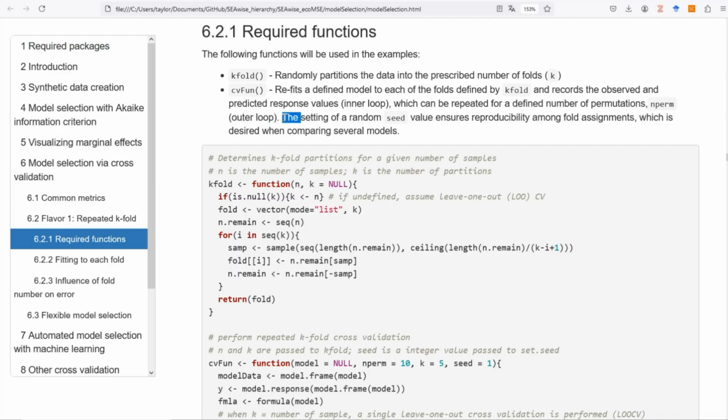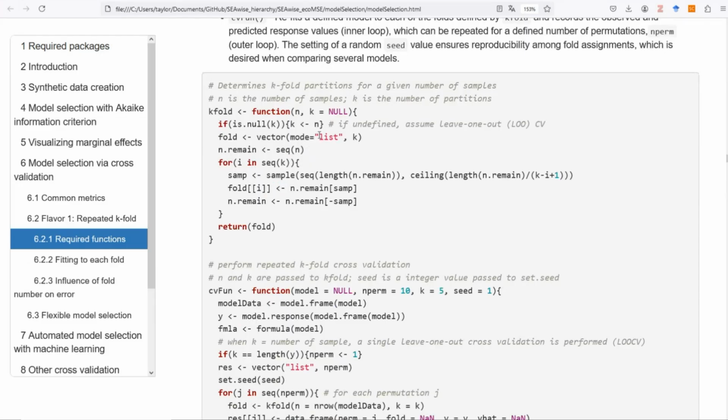What's also important is when you're comparing the cross-validation performance of 2 different models, you always want to use the same seed so that they're both using the same partitions of the data for the k-fold designation. So this is the first function here. You define the number of folds that you want, and it basically just splits the data and gives an index for every row of your data frame, and says which rows will correspond to which fold.